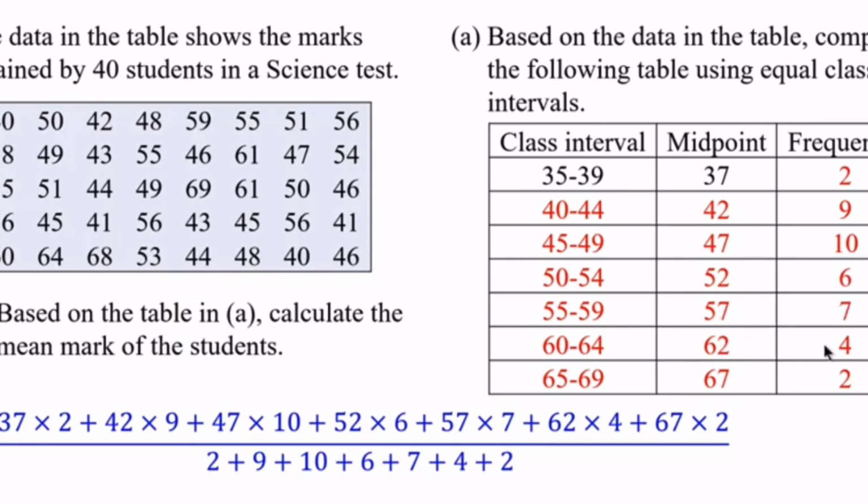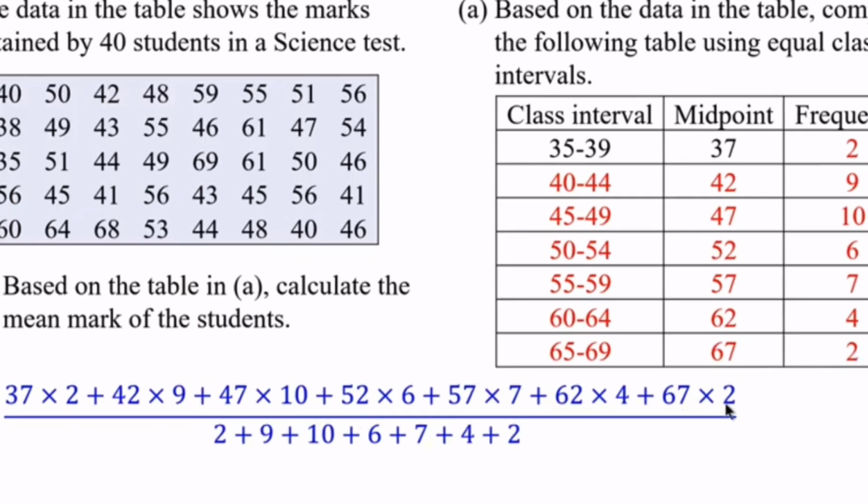So in this case, if we have completed the table with the class interval, the midpoint and the frequency, then we can start to draw the frequency polygon, which is actually using straight lines to show the data by connecting all the midpoints. Now let's proceed to drawing the frequency polygon. Before that, let's complete the mean that we calculate.